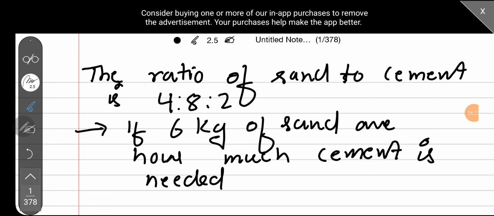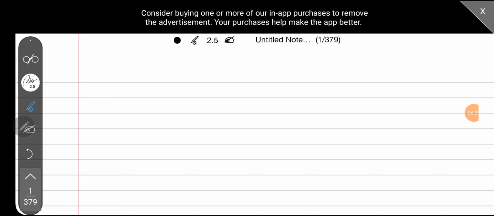Now in this case, let's suppose the ratio of sand to cement is this one. So if 6 kg sand, so what will be the amount of cement?